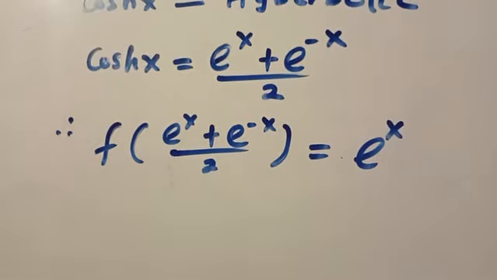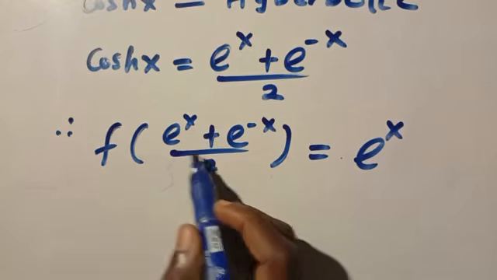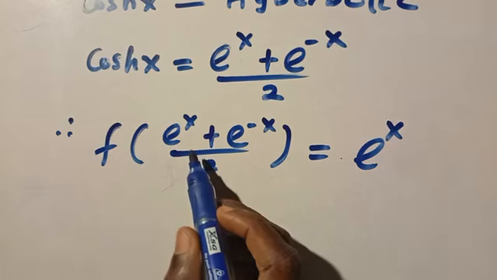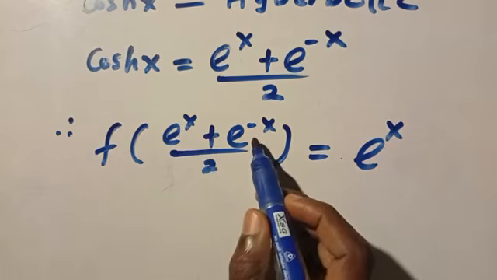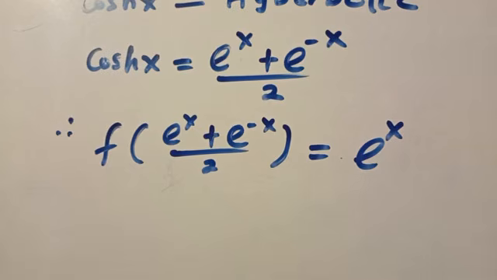It is now left to us to find f of x, but these are very big. We need only x, but here we have e power x, e power minus x divided by 2. How can we reduce this to f of x? We are going to apply the substitution method.